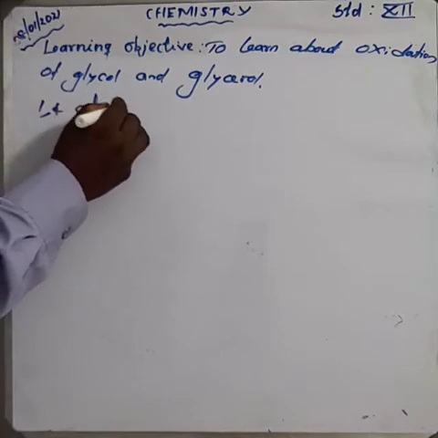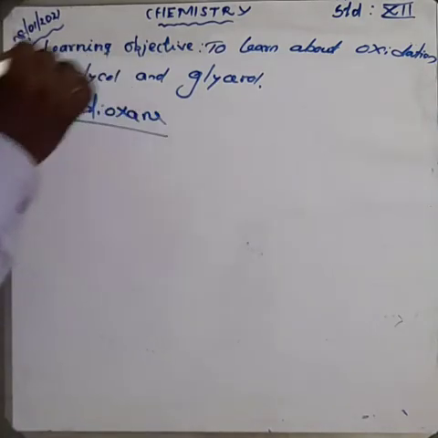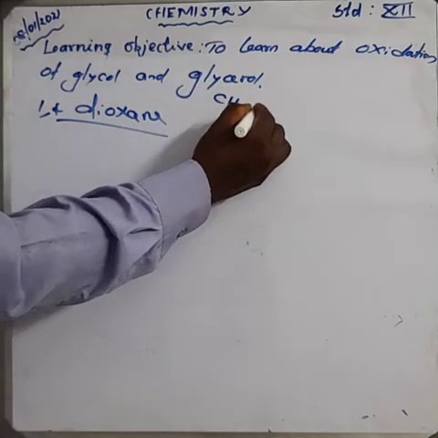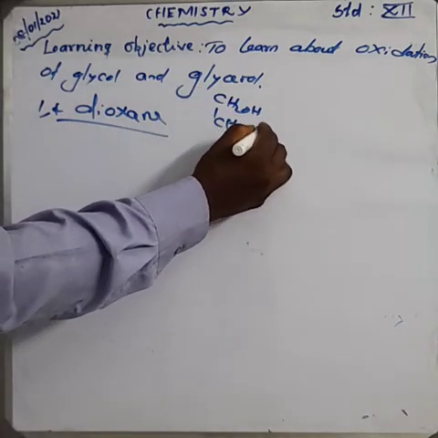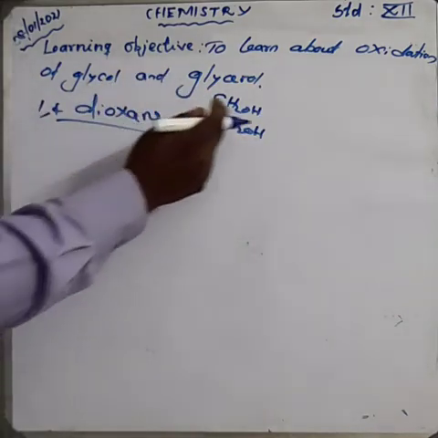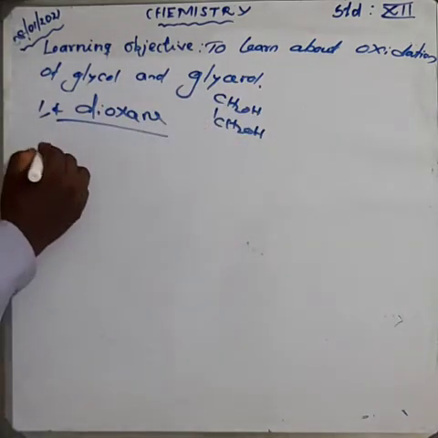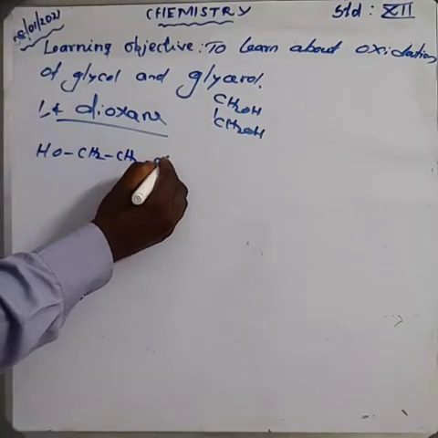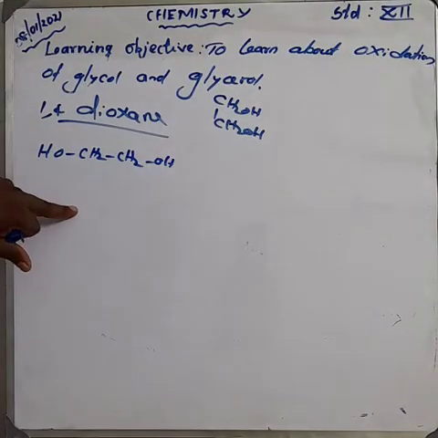Ethylene glycol formula: HO-CH2-CH2-OH. I am writing it in linear shape. The name of the compound is ethylene glycol.